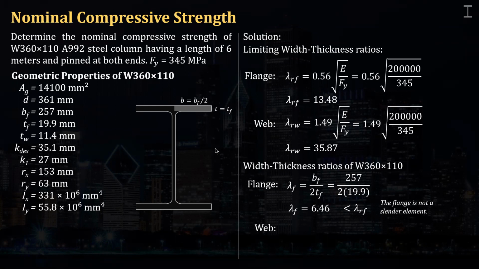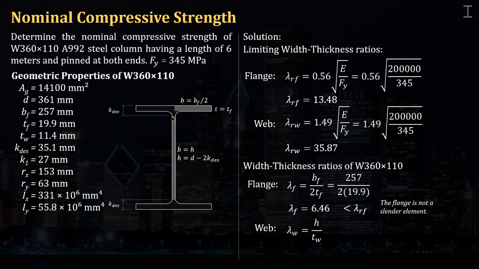For the web, it should be equal to h over tw, where tw is the thickness of the web. Now h is equal to d minus 2k design. That k design is the design distance from the outer face of the flange to the web toe of the fillet.